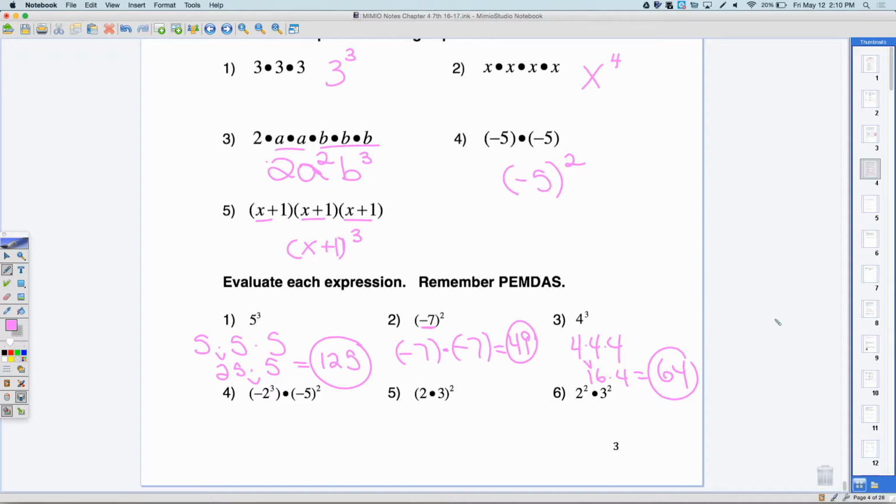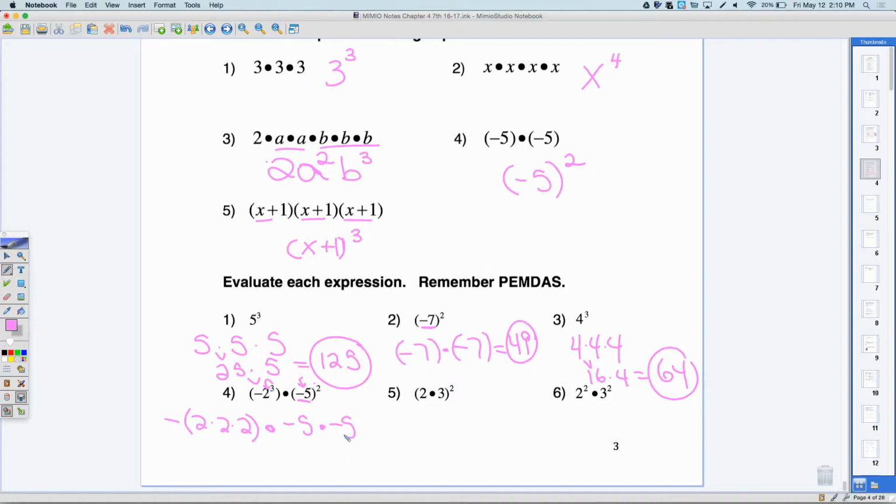In example 4, we have our -2 in parentheses, but we also have the power in parentheses. So that means take the opposite of 2 times 2 times 2 times, now in the second part it says -5 and then to the 2nd power, and the 2 is outside the parentheses. So that means that it would be -5 times -5.